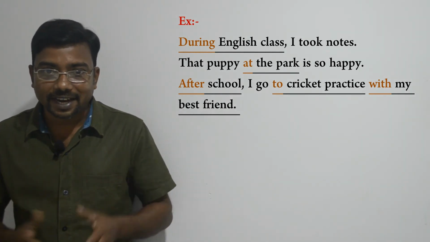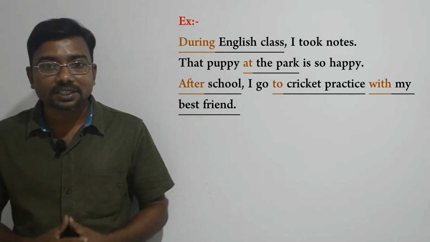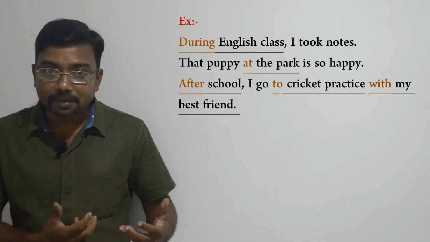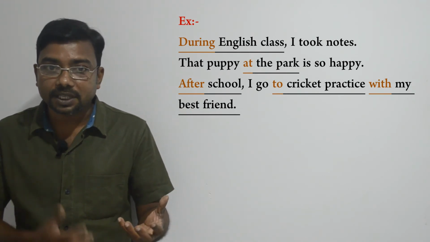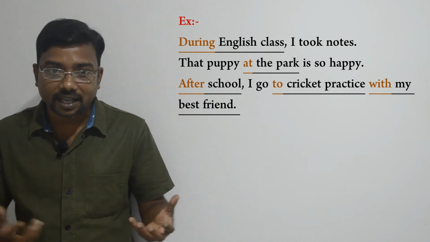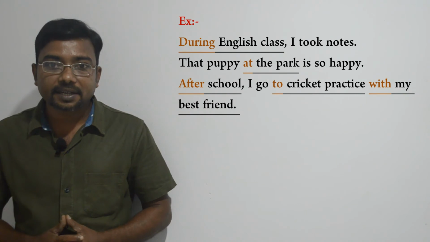It shows the direction, and it stands in the middle of the sentence. And with my best friend is also a prepositional phrase because it starts with a preposition and includes the object friend and other modifiers. So with my best friend stands at the end of the sentence.